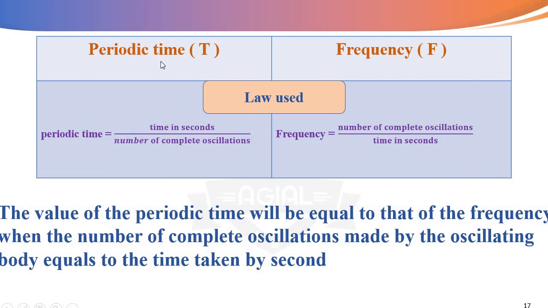Periodic time can be calculated from the relation time in seconds over number of complete oscillations, while frequency can be calculated from the relation number of complete oscillations over time in seconds. Remember that the value of the periodic time will be equal to that of the frequency when the number of complete oscillations made by the oscillating body is equal to the time taken in seconds.